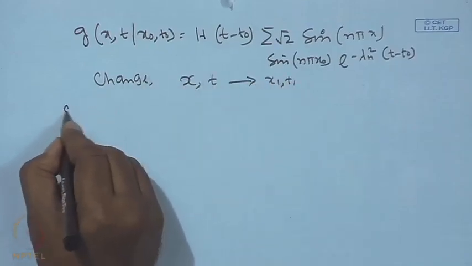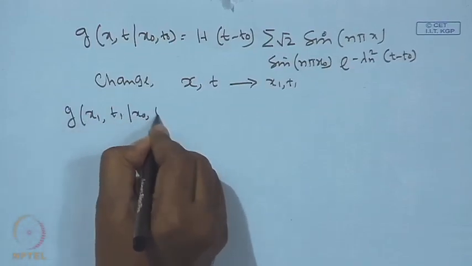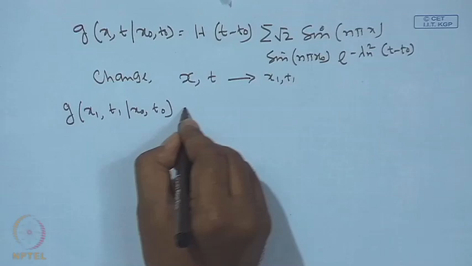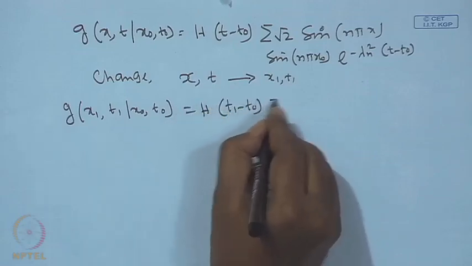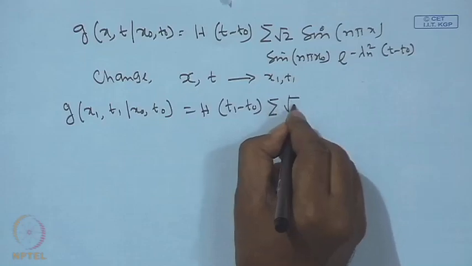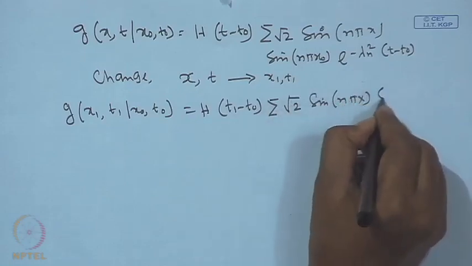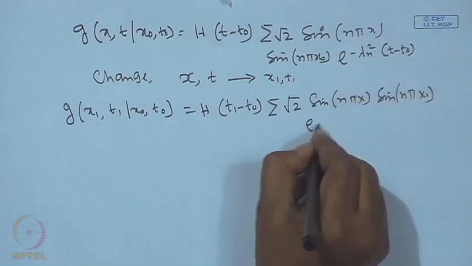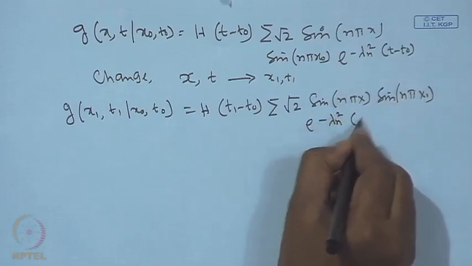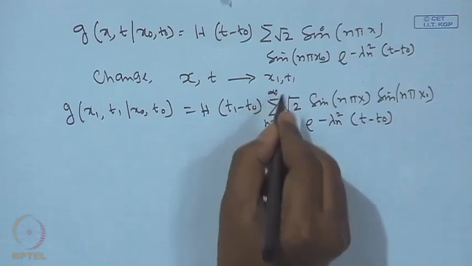So, this gives G (x 1 t 1 slash x 0 t 0) equal to H(t 1 minus t 0) summation root 2 sin n pi x sin n pi x naught e to the power minus lambda n square (t minus t naught), n is equal to 1 to infinity.